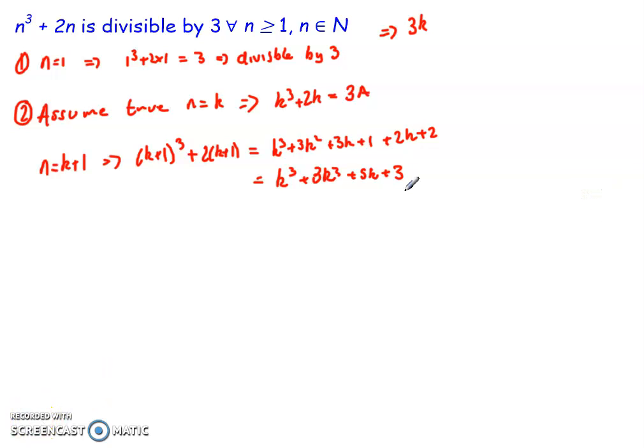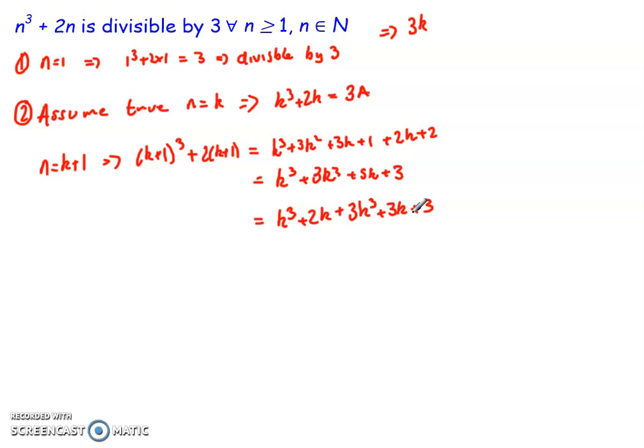Now I know that doesn't look divisible by 3 at first sight because of this 5k. However, what I'm going to do is split this 5k up, and I'm going to write it as k cubed plus 2k plus 3k squared plus 3k plus 3.